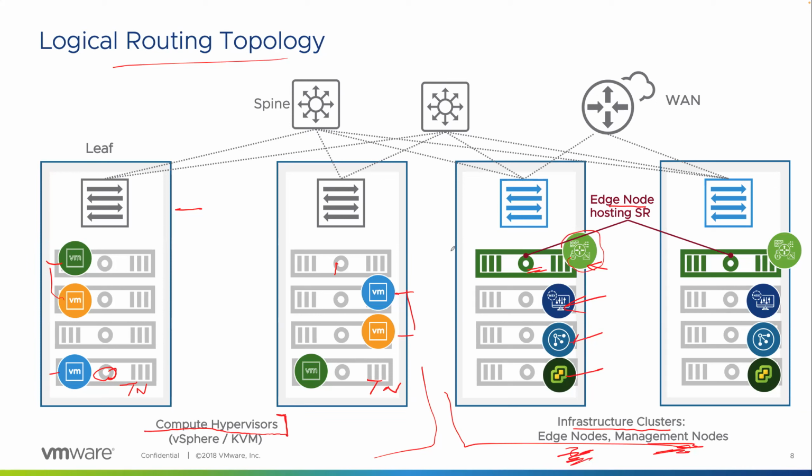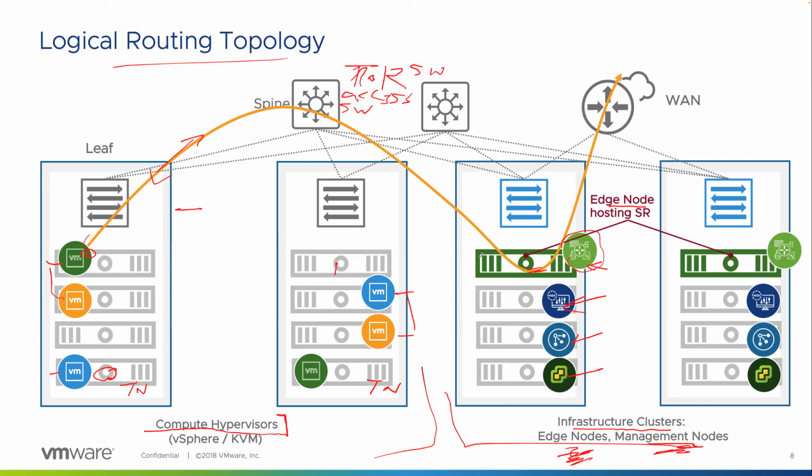This is a typical production environment, or what it looks like when it comes to the design of the whole NSX system. The real traffic will, for example, go from this VM through the physical cable to the spine, to the access switches or TOR, top of rack switches, sorry.